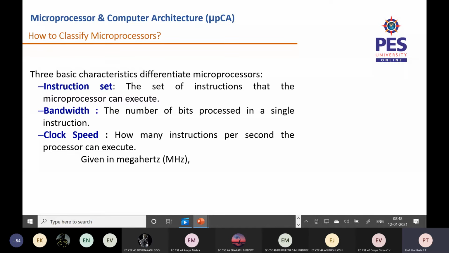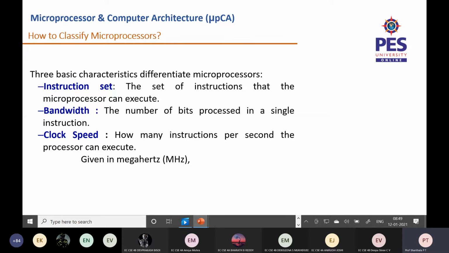We have basic characteristics which differentiate the microprocessor: instruction set, bandwidth and clock speed. So there are three criteria where we can differentiate. What is the instruction set here?